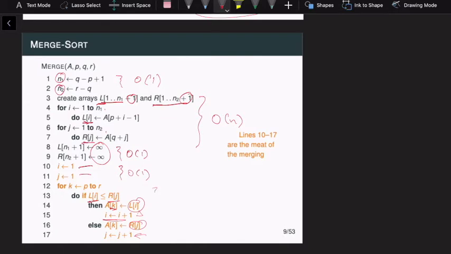And then the for loop is going to run order n times, and each one of those is just a check of which one is smaller, and then adding one entry into an array. So each iteration of the for loop is constant time, so the whole thing takes order n time.